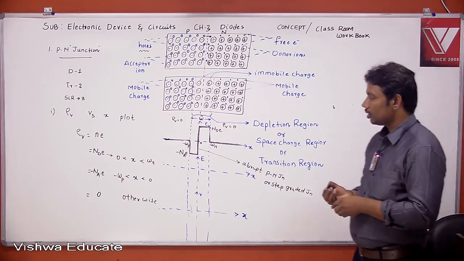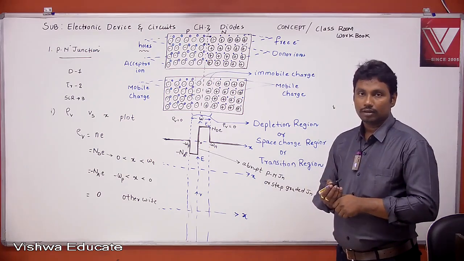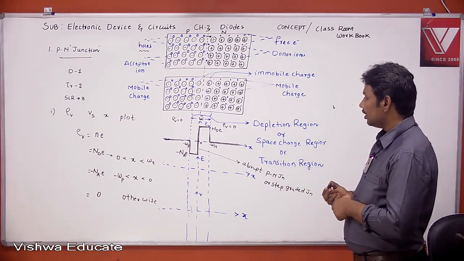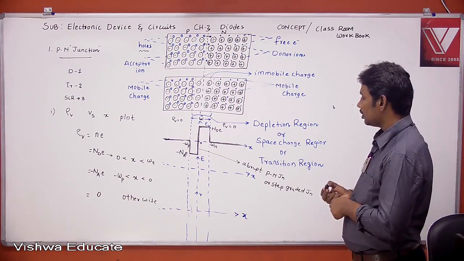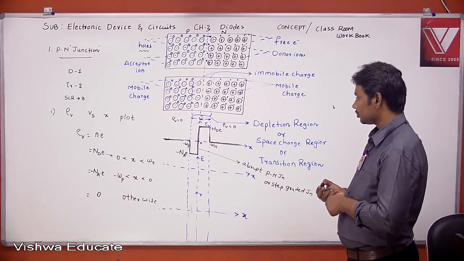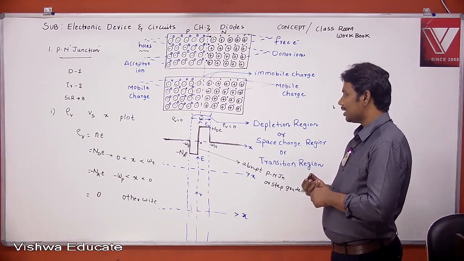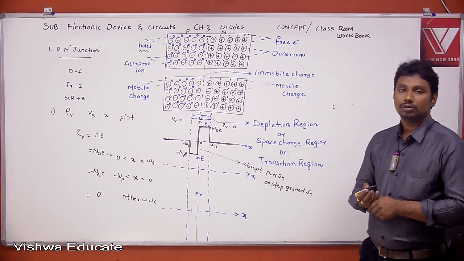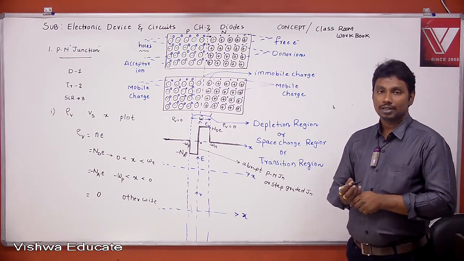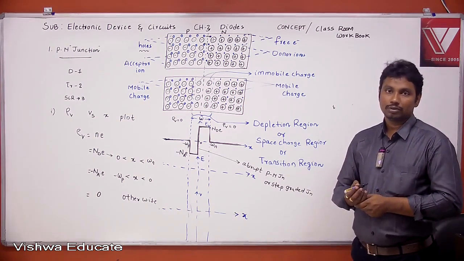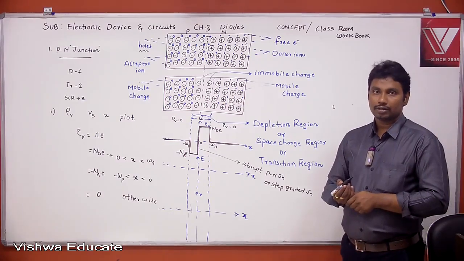Right on a point. The junction at which the acceptor concentration suddenly changes to the donor concentration.